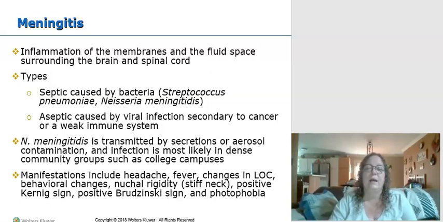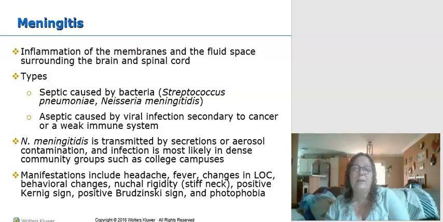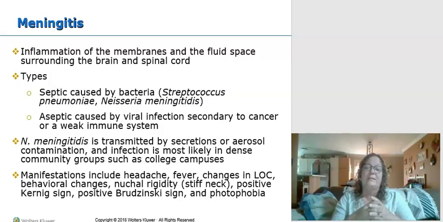Meningitis is transmitted by secretions or aerosol contamination. The infection is most likely where you have dense community groups, such as college campuses. It can run through a sports team quickly.